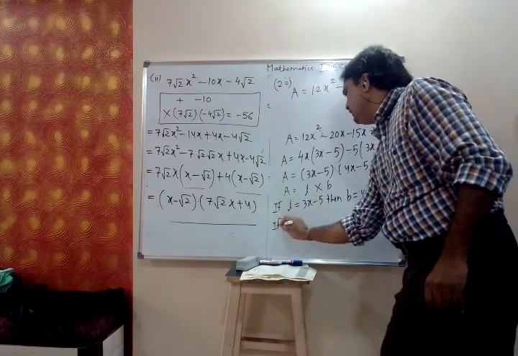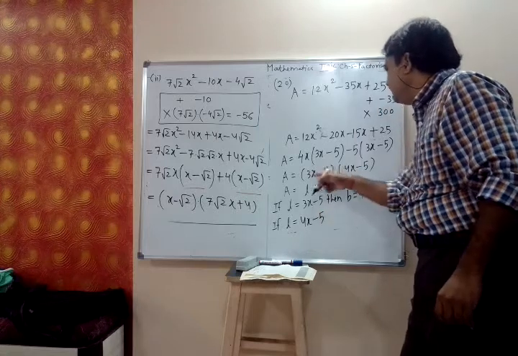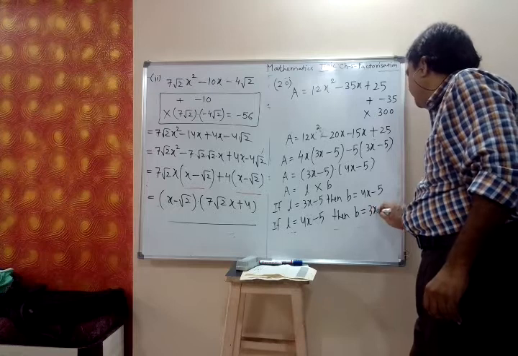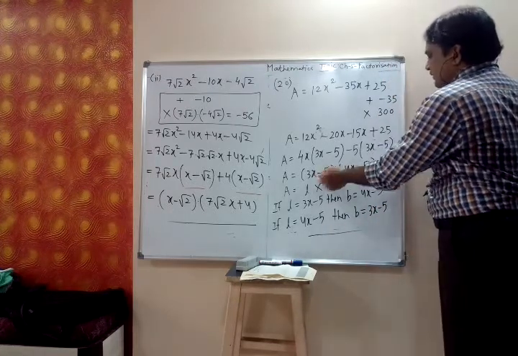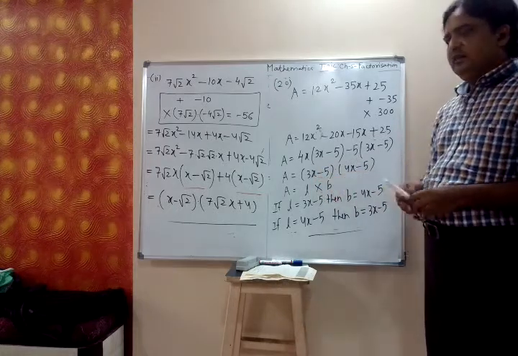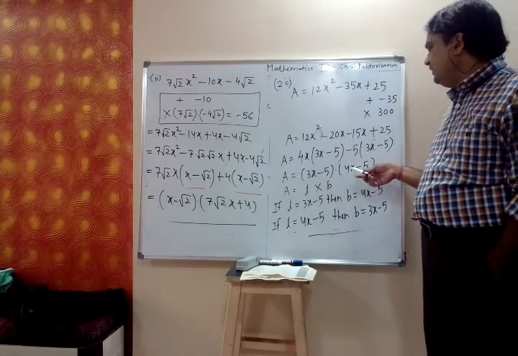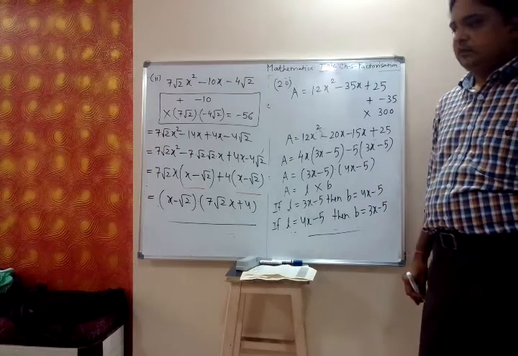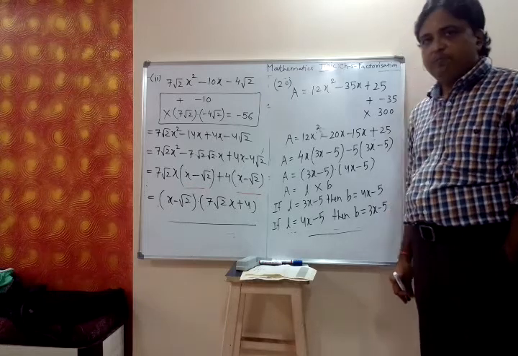Similarly, if length is 4x minus 5, then breadth is 3x minus 5, because you can take any one as length or breadth. So this complete 25B is completed.